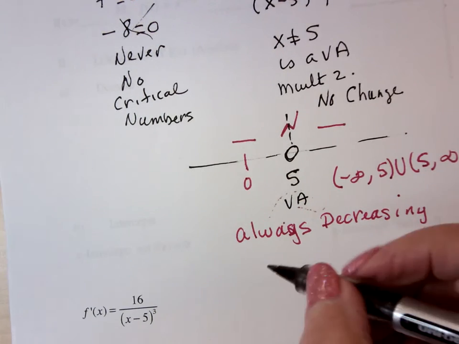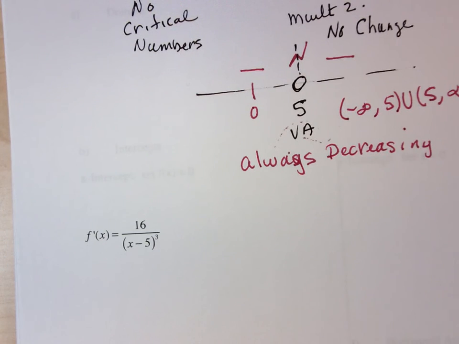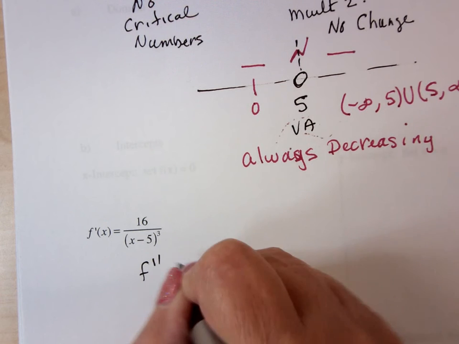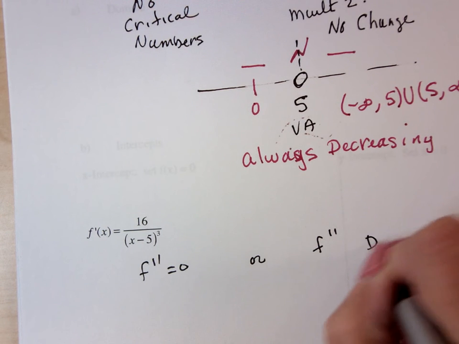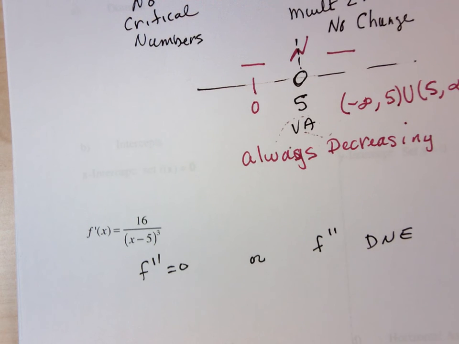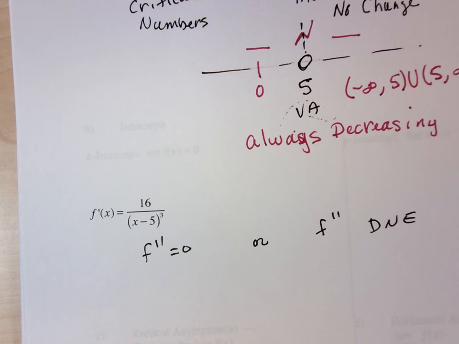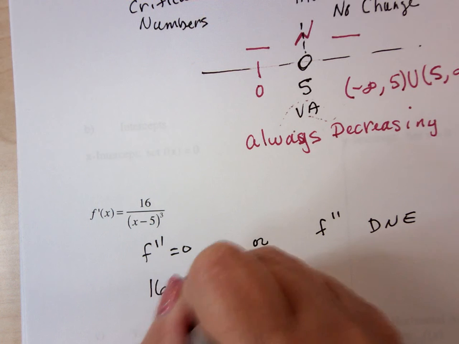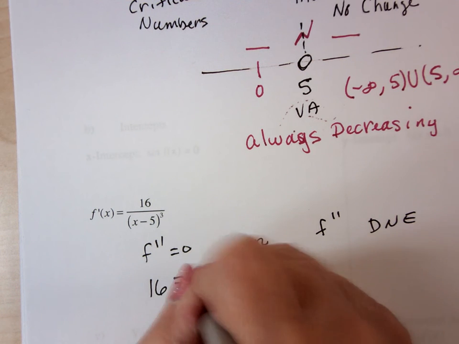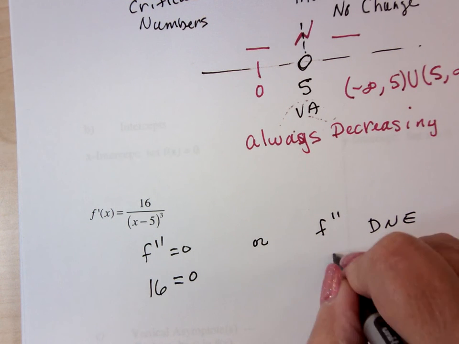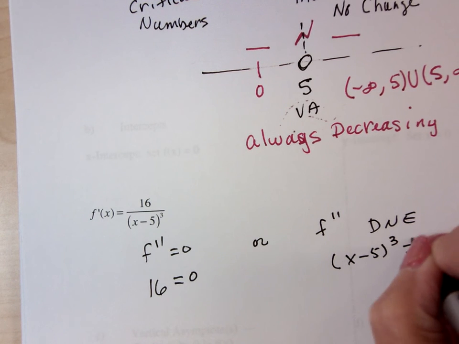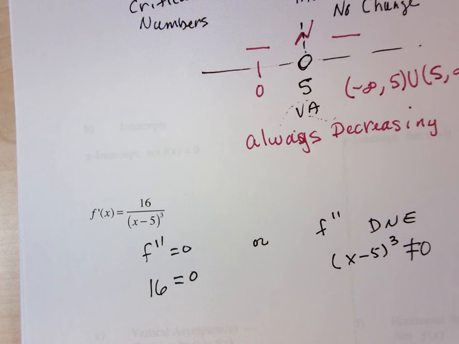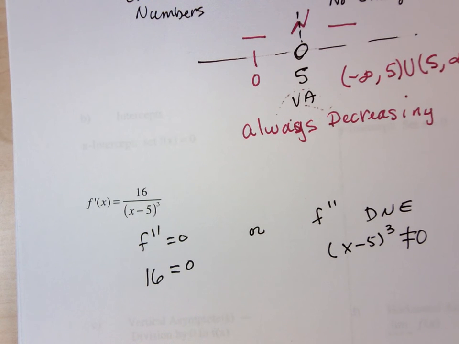And now we take the second derivative. We want to know where f double prime equals 0 or f double prime does not exist. Well, that's where the numerator equals 0, is f double prime equals 0, or the denominator can't be 0. Is 16 ever 0?